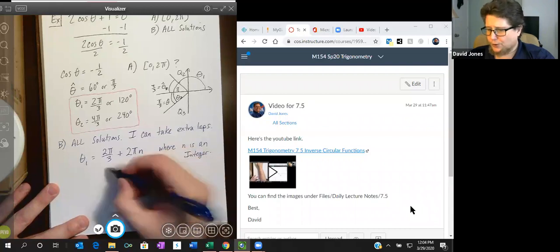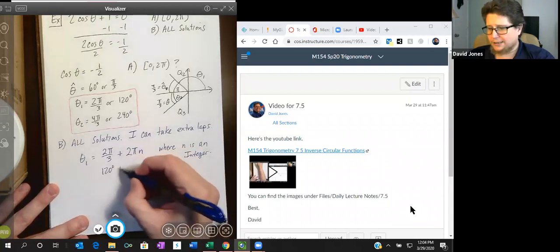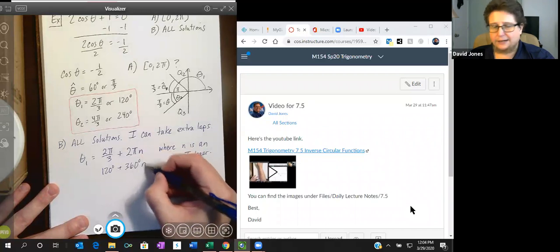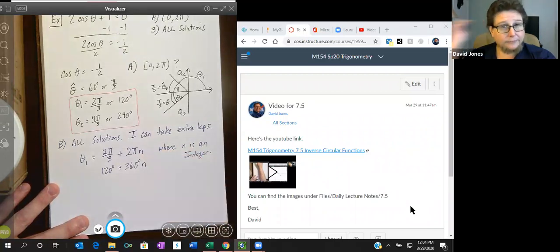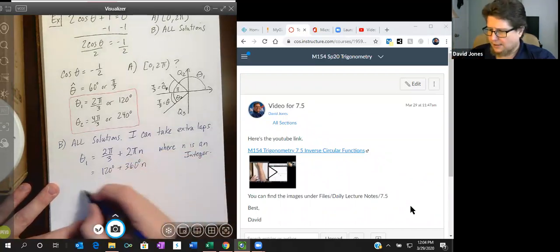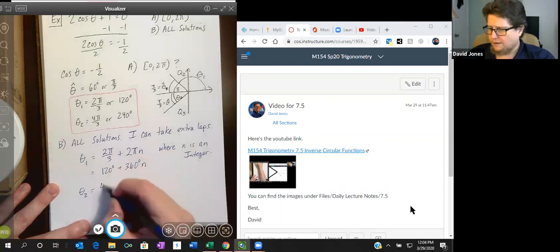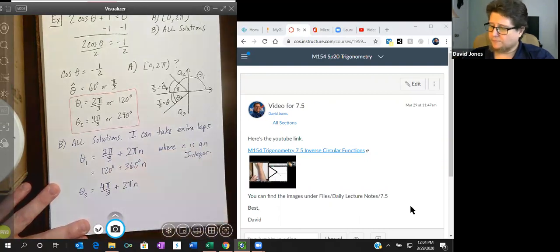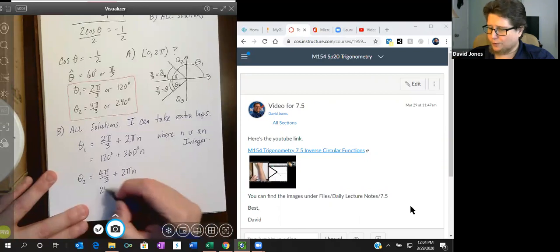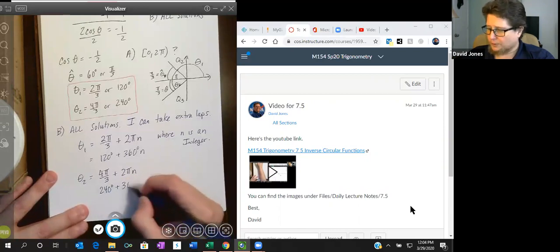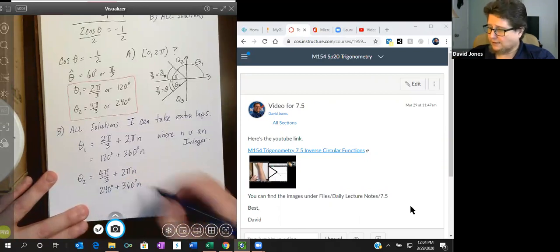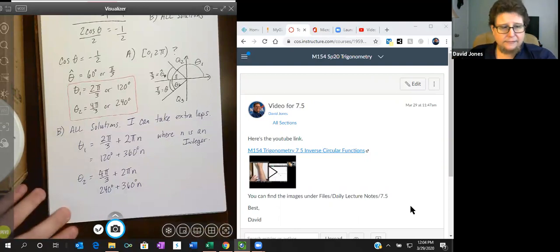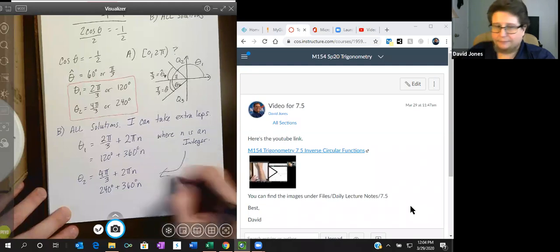Or we could do 120 degrees plus 360 degrees n. Theta 2, 4 pi over 3, also plus 2 pi n. And this is 240 degrees plus multiples of 360. And again, n is an integer.